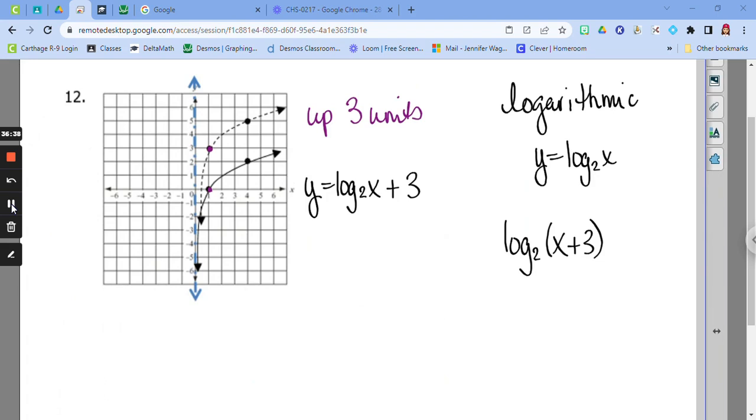If there's a horizontal shift, then the number will be included in the parentheses with x. Since the 3 is added after, then it's x plus 0.